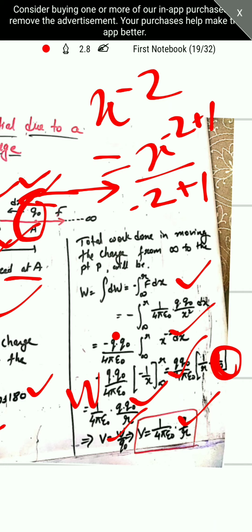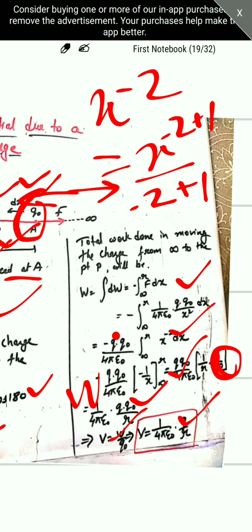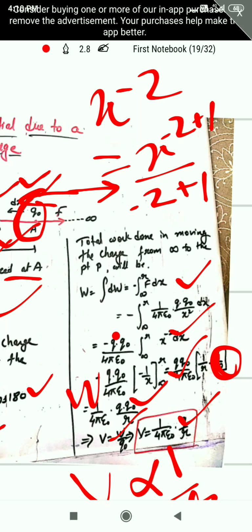This is the value of potential due to that plus Q charge at a point P. So we have seen that the value of potential V is inversely proportional to r. This is how we find the potential at any point P at a distance r from the charge.